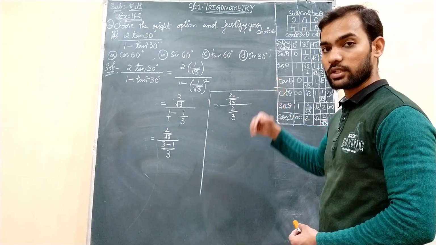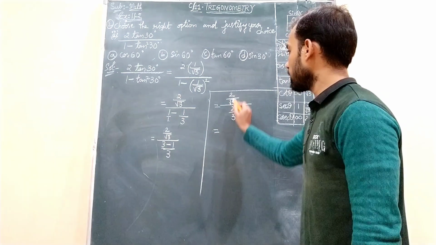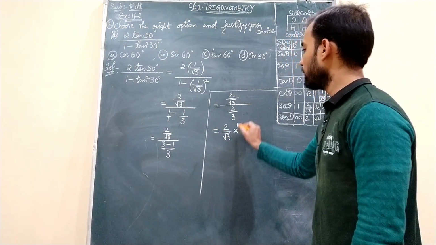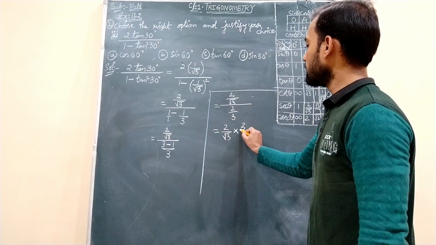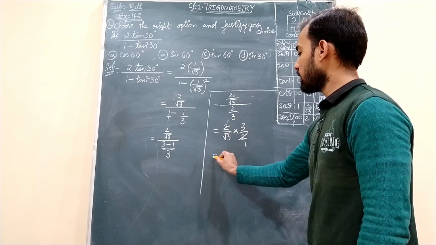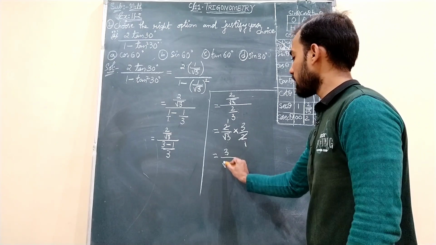So when we take it into the numerator, we will get 1 by 2. So same happens here also. This 2 by root 3 remains as it is into, when I am taking this 2 by 3 into multiplication, this 2 by 3 becomes 3 by 2. This 2 gets cancelled. Now we are having 1 3s are 3 divided by root 3 1s are root 3.